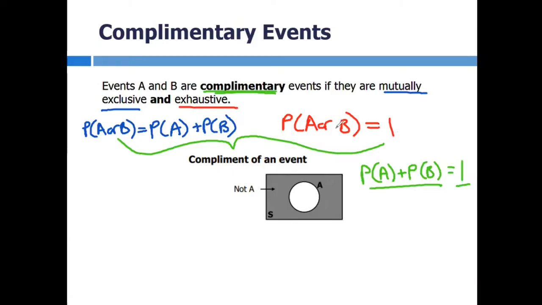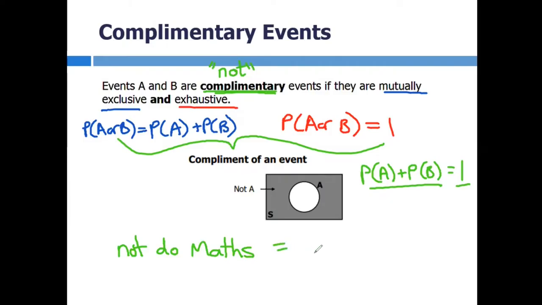The reason why complementary events are very useful, the most common way we use it is we use the word not, which is basically saying everything but. Okay, but if events are complementary, you don't have to use the word not. So going back to my maths and maths lit example, the people who do not do maths would be called the complement of it. And we can use that complement because they are mutually exclusive.